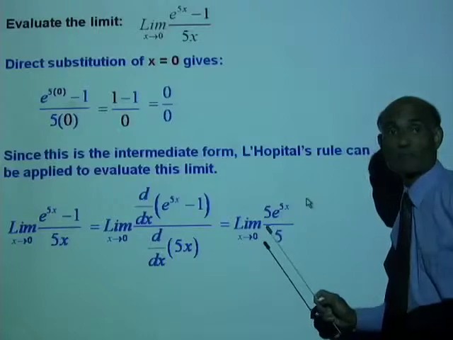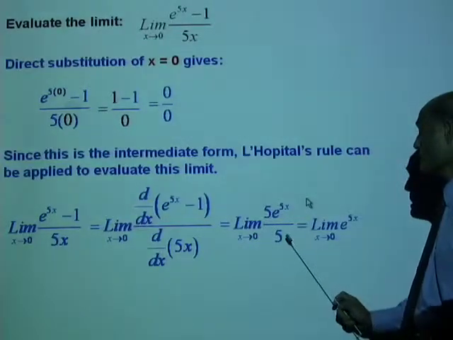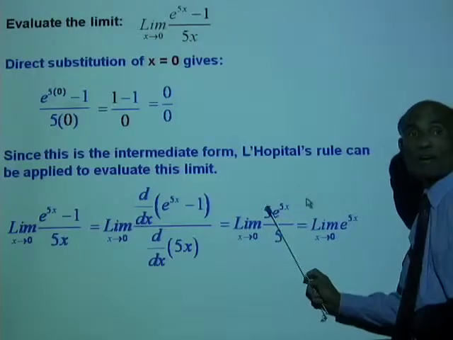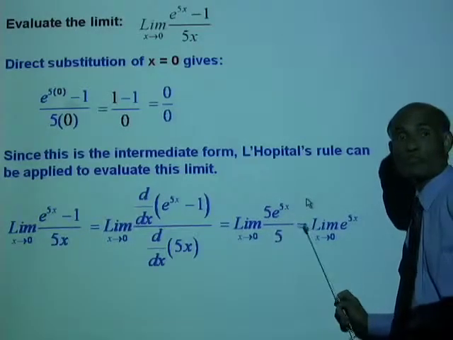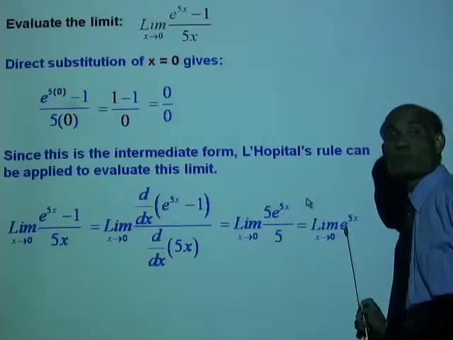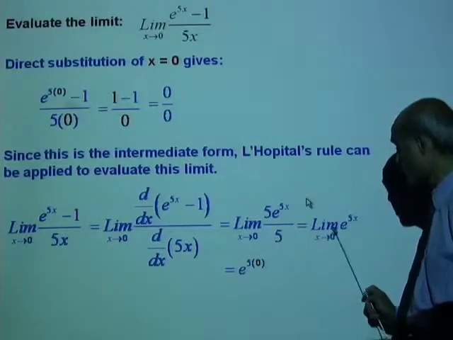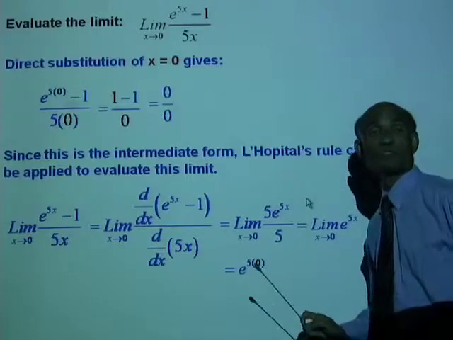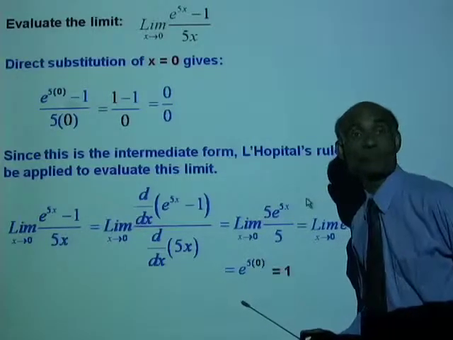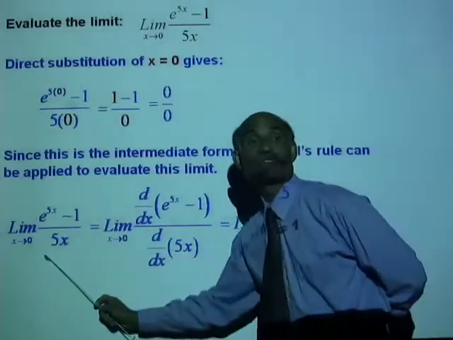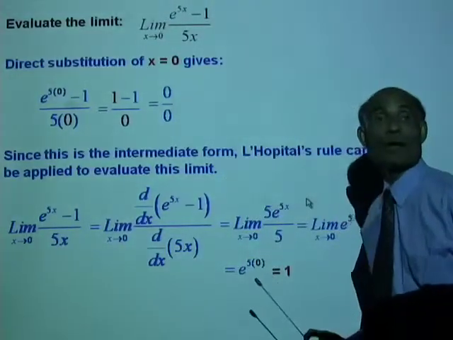The 5 and 5 will cancel, so it is the limit as x approaches 0 of e to the power of 5x. Replace your x by 0. It gives you e to the power of 5 times 0, that is 1. So the value of this limit is 1.